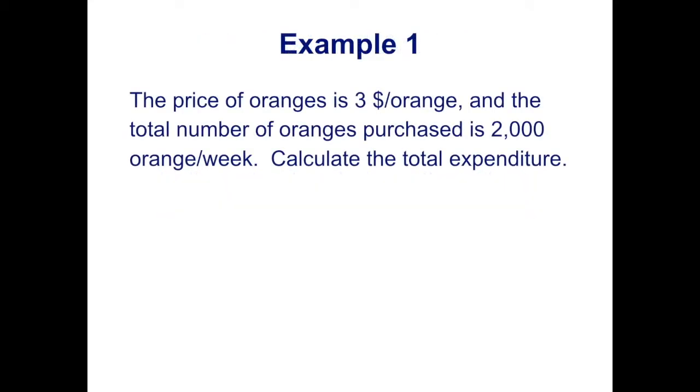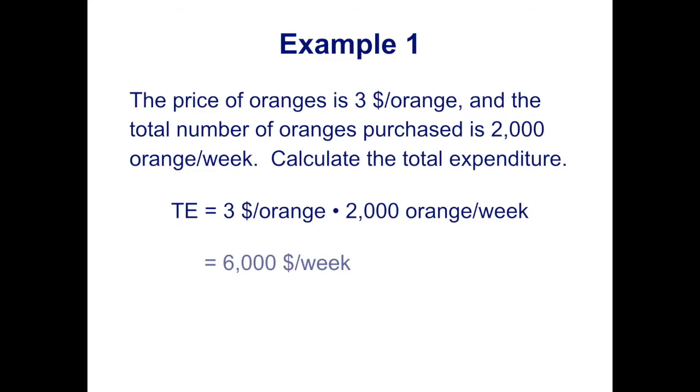In the first example, I'm going to calculate total expenditure. Total expenditure is price times quantity. Here, there is a price of $3 per orange and a quantity of 2,000 oranges per week.